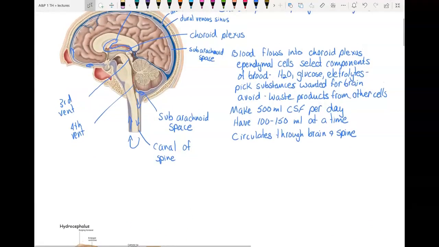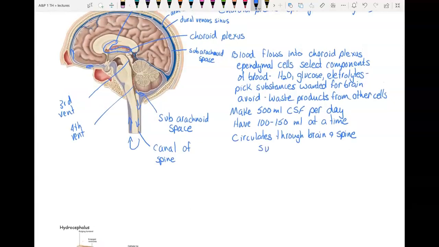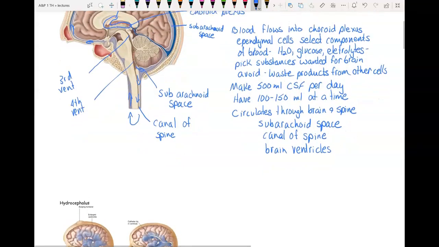So it's going to circulate through the brain and spine in the subarachnoid space. And through that central canal of the spine. And through your ventricles. So it's made in the brain ventricles, then it flows out into the spinal canal and subarachnoid space.